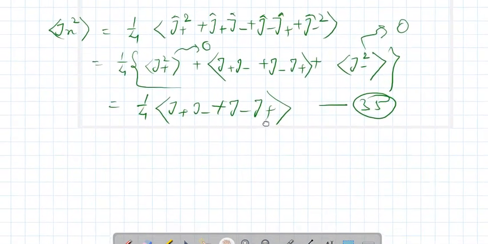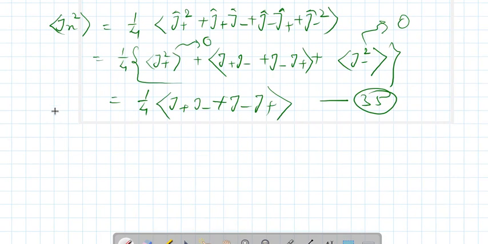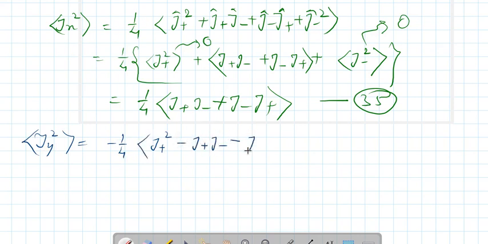And similarly, we can find out the expectation value of jy square. It is minus 1 over 4 of j plus square minus j plus j minus minus j minus j plus plus j minus square, and the expectation value of the square terms will be 0.